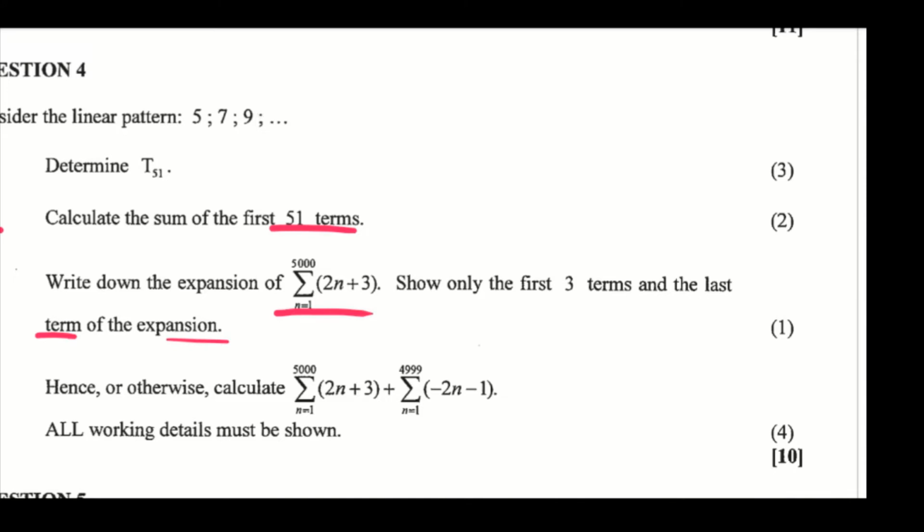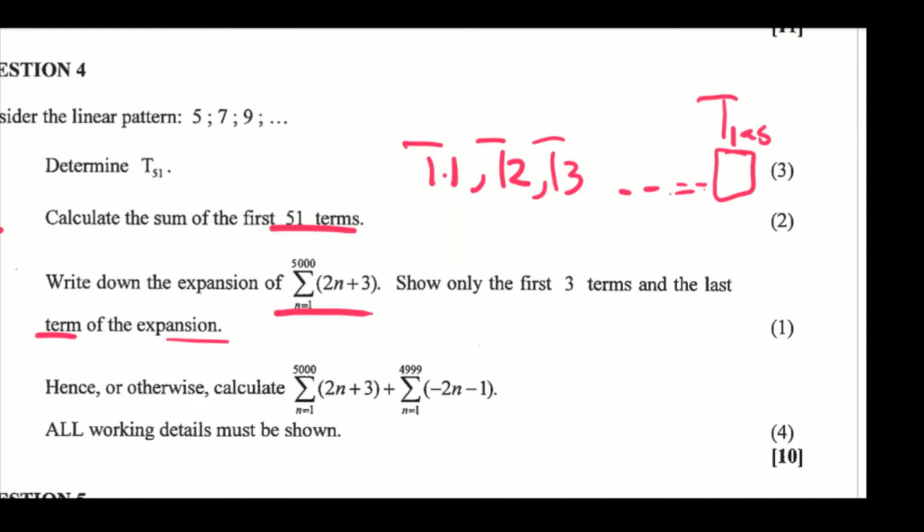Obviously we need to identify term number 1, term number 2, and term number 3, and then the last term of the sequence. So this is T1, T2, and T3, and then T last. These are the terms that we need to identify: the first 3 terms and the last term of the expansion.